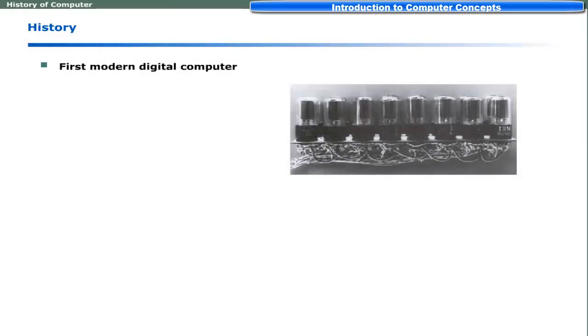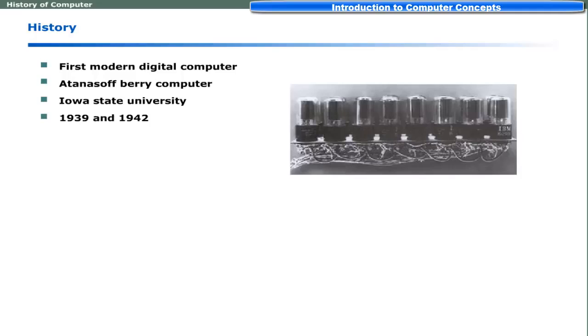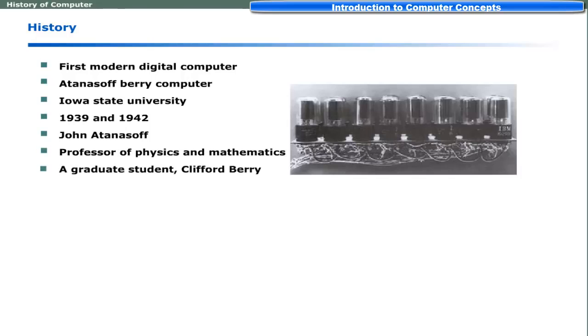The first modern digital computer, the Atanasoff-Berry computer, was built on Iowa State University campus between 1939 and 1942. The development team was led by John Atanasoff, professor of physics and mathematics, and a graduate student, Clifford Berry.